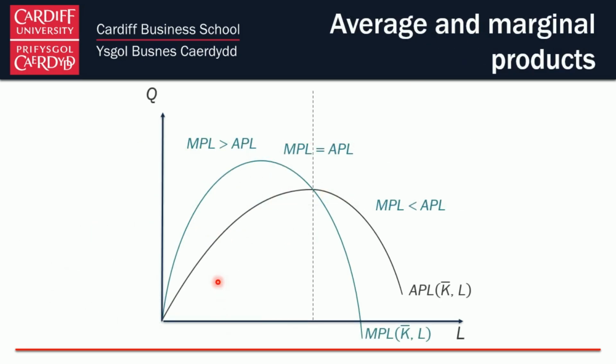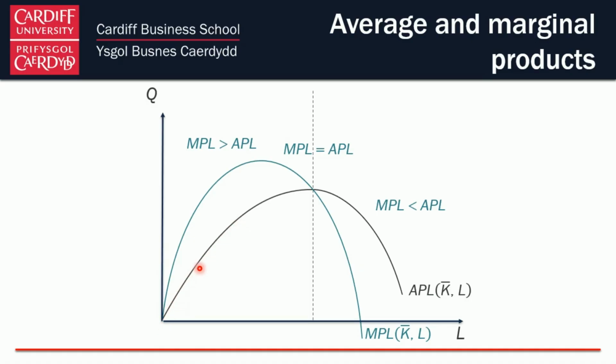Now let me put these two shapes together, the MPL and the APL. I know from the previous slides they are both hump-shaped, inverted U shapes, but how exactly are they related to each other? Well, the first principle is that the marginal is sharper. So marginal goes up fast, comes down fast, whereas the APL, the average product, is slower.